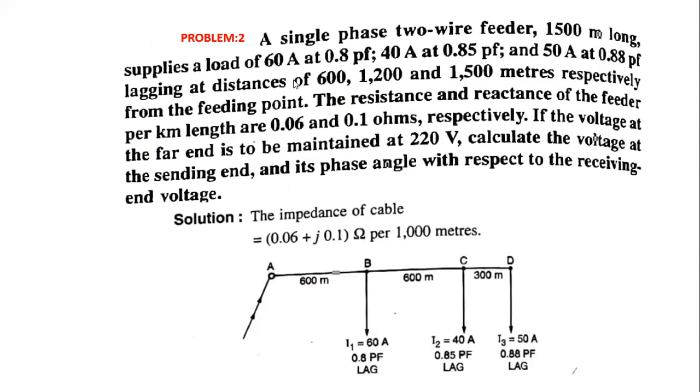In the question, the resistance and reactance of the feeder are given per kilometer. That's why we divide by 1000 meters, since 1 kilometer is 1000 meters, multiplying by the length divided by 1000.